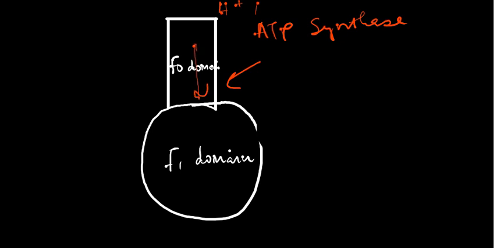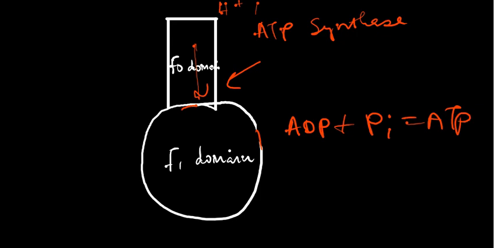When they pass through, the F0 rotation causes this F1 domain to change its conformation. When the conformation is changed, this is what allows ADP to bind to an inorganic phosphate to give us ATP.